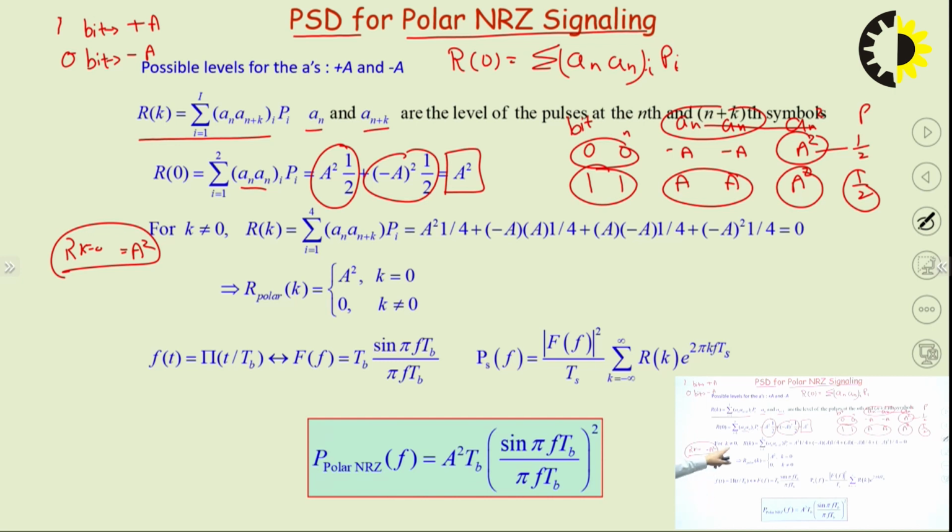Now, when k is not equal to 0, we calculate the autocorrelation function.